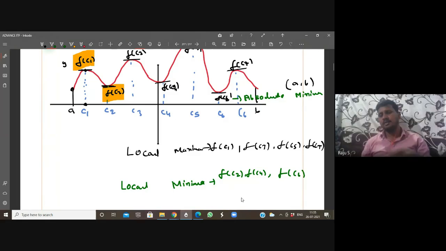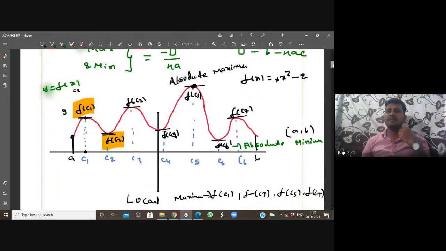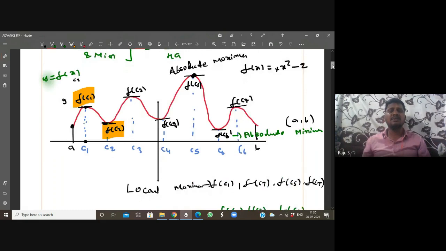Okay, and the next question is how to identify whether the given function has a local minima or local maxima. Because sometimes in the question they don't mention whether to find absolute minima, absolute maxima, local minima, or local maxima. Then how do we identify those questions? Very simple, students.